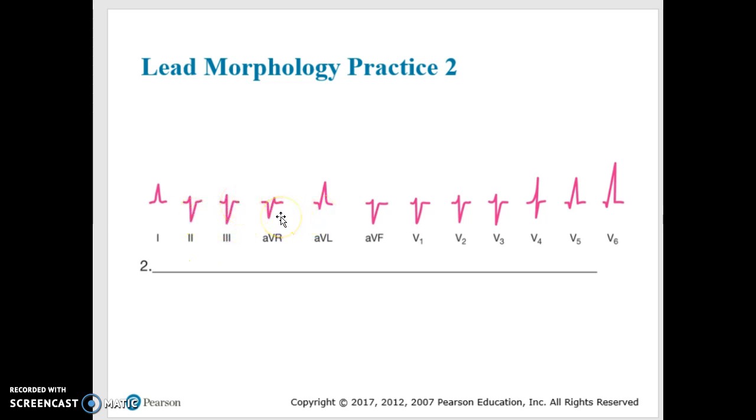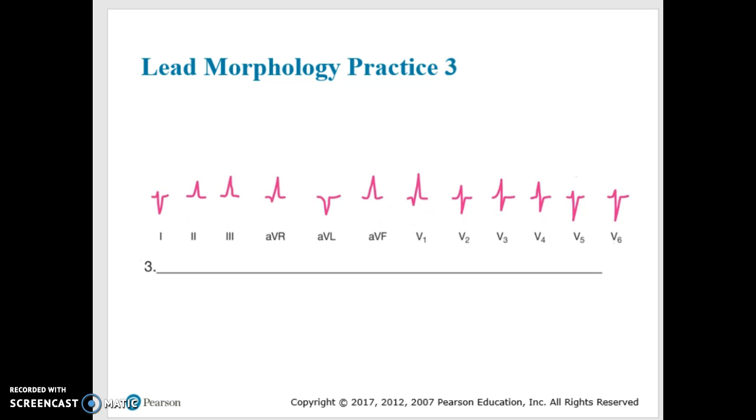AVR appears to be okay. AVL appears to be okay. AVF, again, is negative. It should be positive. And all of the precordial leads, they appear to be okay. So this is an abnormal morphology, because leads 2 and 3 here should be positive. So this would be considered abnormal.